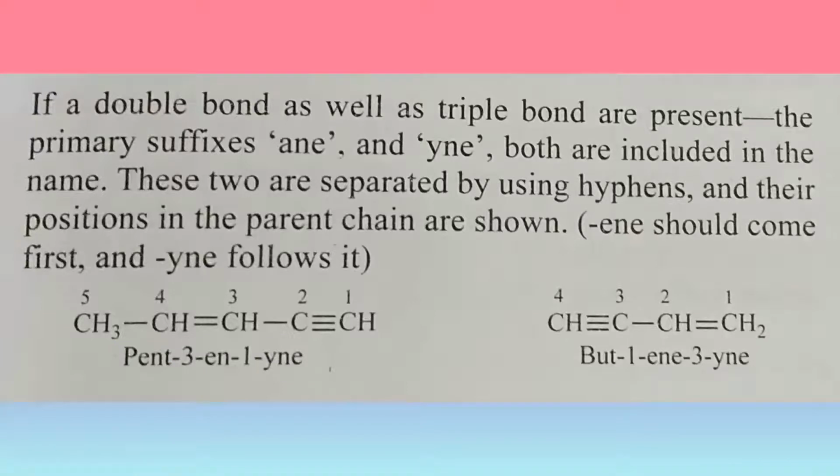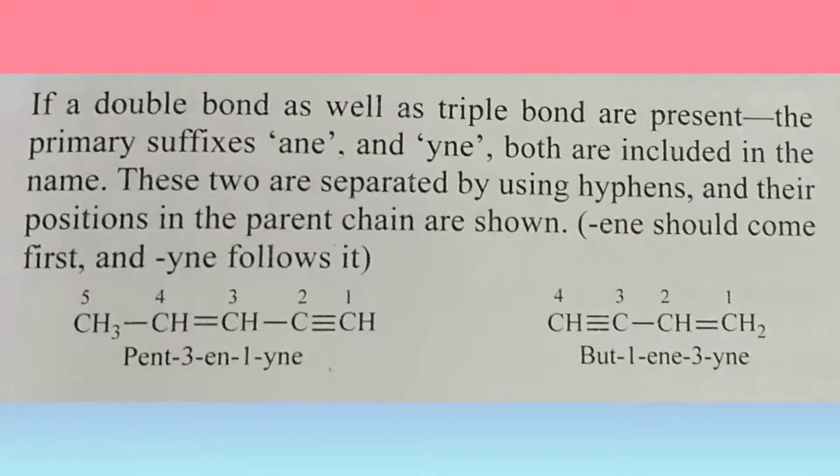So as the name goes, for the first one, if you see, the root word is pent, because there are 5 carbon atoms present here. Now we sometimes might get confused about why we don't write first "-ine" and then "-ene", but here also we use alphabetical order, and we know that "-ene" has the letter E and "-ine" has the letter Y. So we all know that E comes before Y, and so we write the double bond suffix first, because it starts with the letter E, and then the triple bond suffix, no matter what its position is.